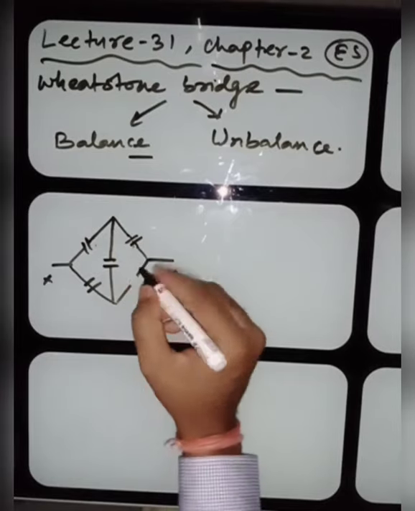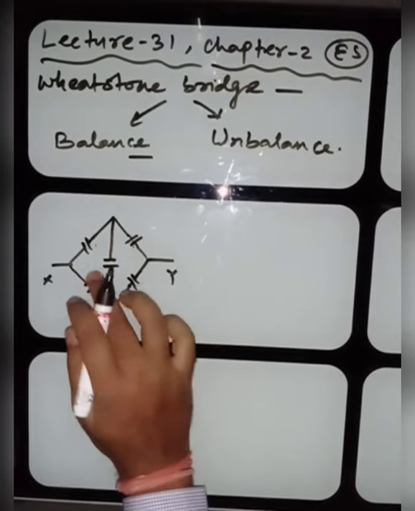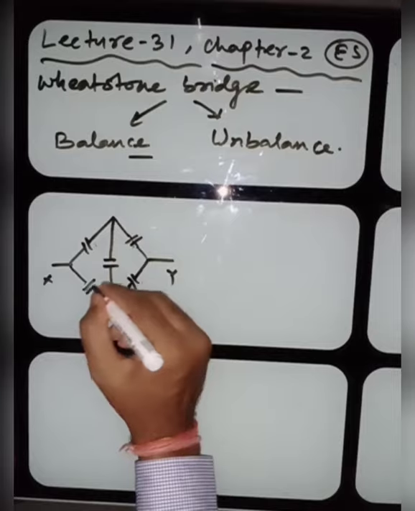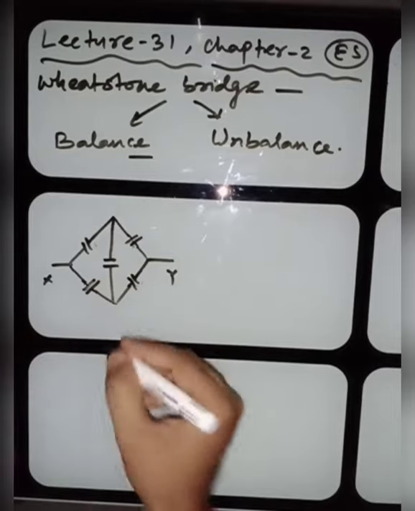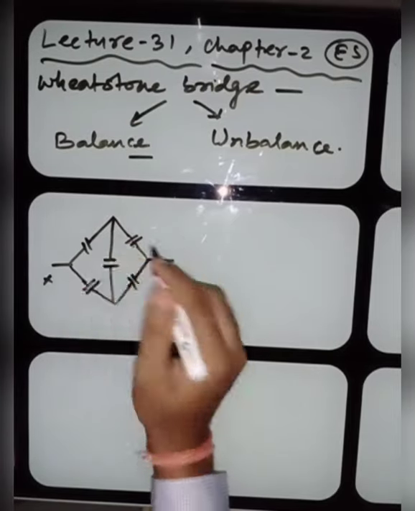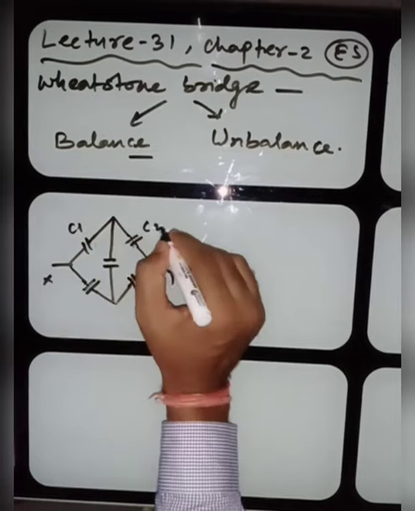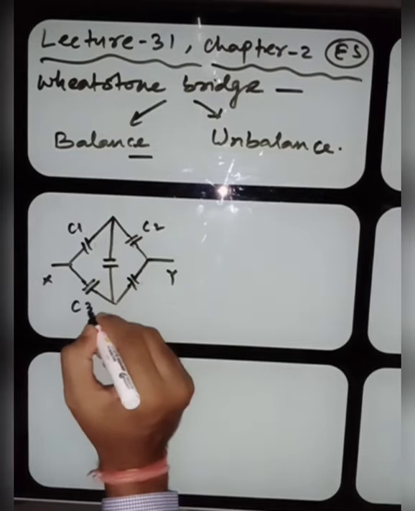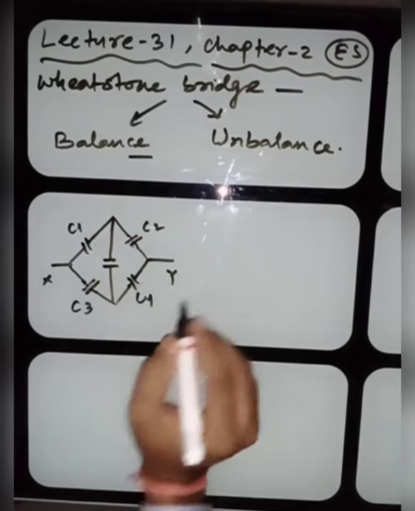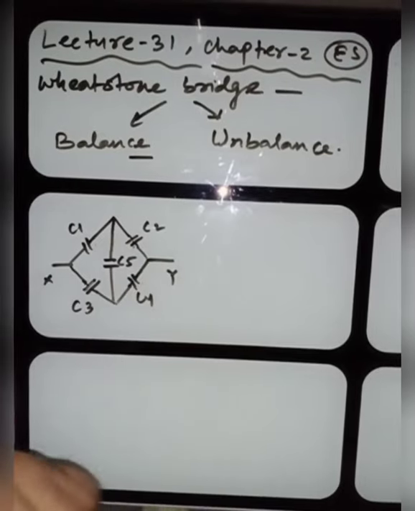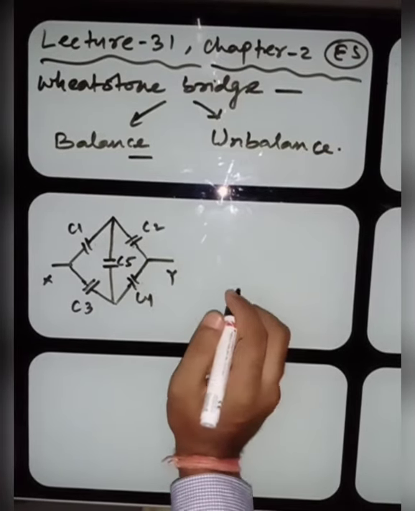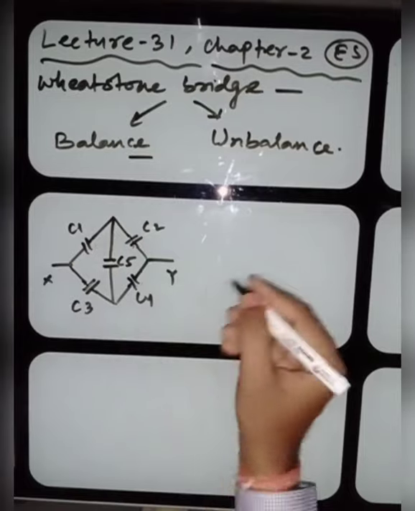Now, my dear student, we will study the condition of balanced Wheatstone Bridge in the next chapter. Here the two terminals. Suppose these are capacitors C1, C2, C3 and C4, and this is C5. So balanced and unbalanced condition.